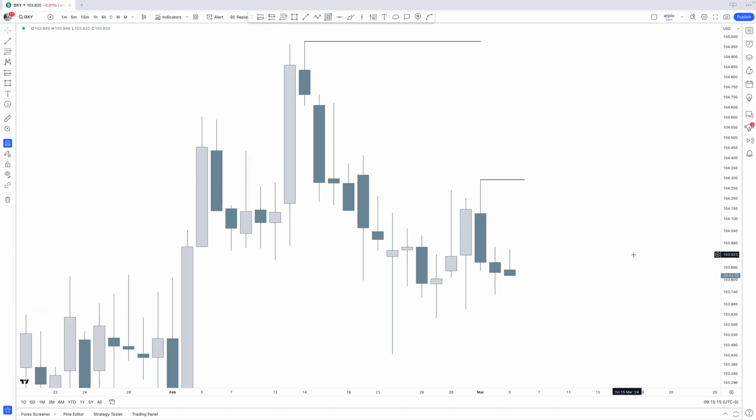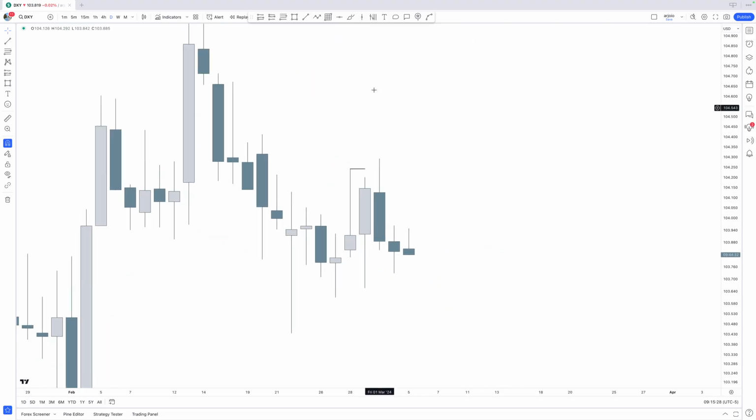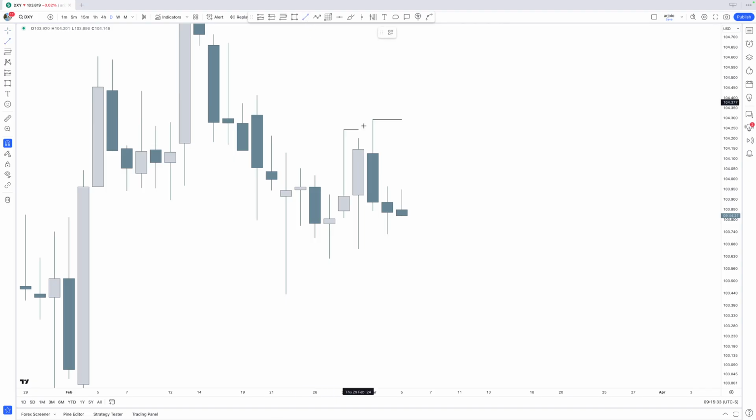Now, what do we actually see right here if we again mark out every PD array and also the past PD arrays? Then we see a previous day high right there, and above that a swing high sitting right there. After that, we have this new swing high, this previous candle high, previous candle low, and then this swing high right there as well.